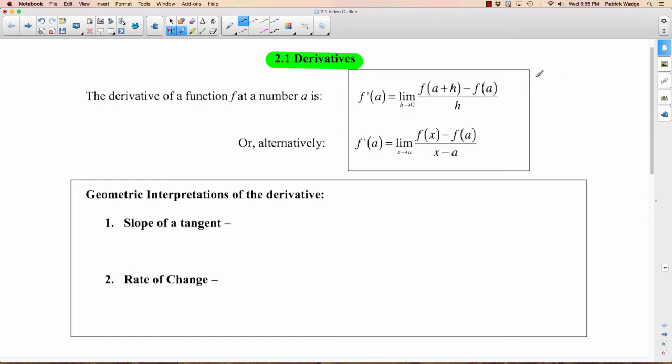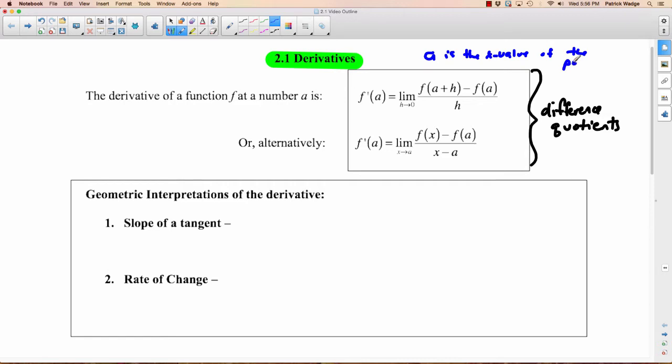And a couple reminders here. One reminder is that these are the difference quotients. And the other thing I wanted to remind you is what a is. So I'll put it here. a is the x value of the point you are interested in.